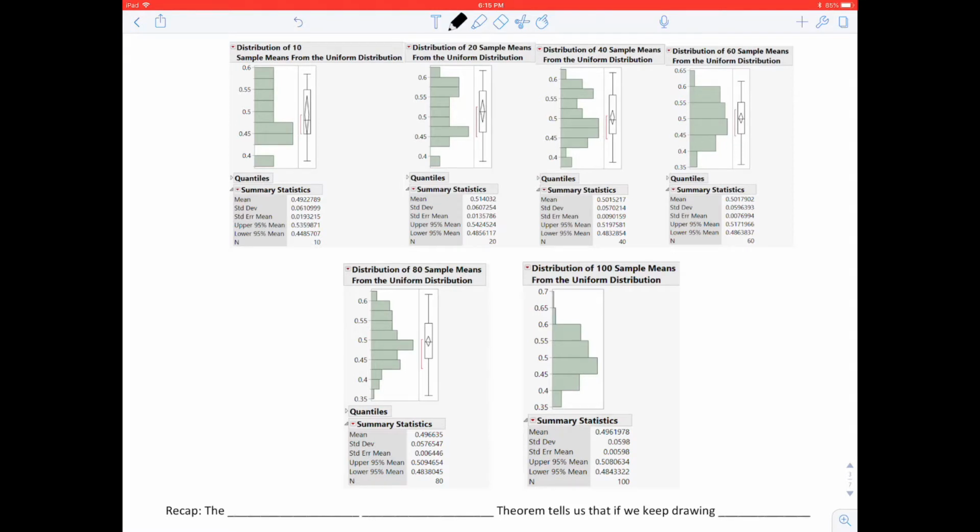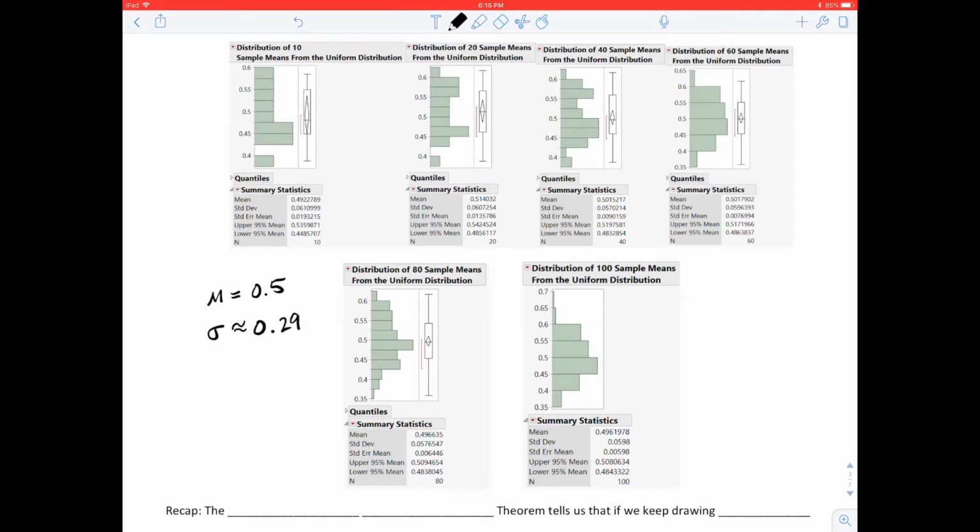And remember that theoretical mean was 0.5 for our uniform distribution between 0 and 1, and the standard deviation we had found to be 0.29. We're looking at values that are more like 0.05, right?